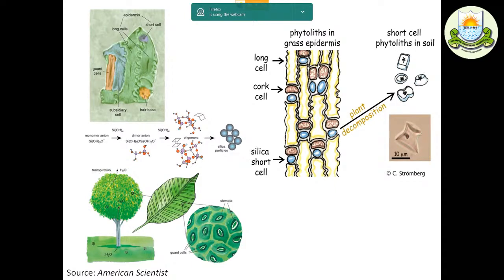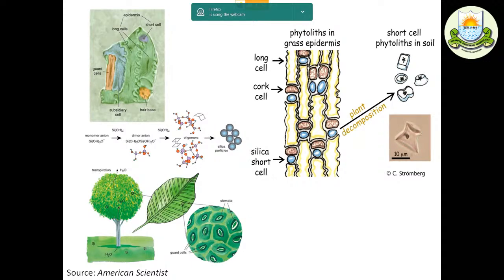Here is a schematic representation of the grass epidermis, where long cells and cork cells are present. If silica is precipitated within the elongated cell, then after the death and decay of the plant tissue it will retain the exact shape of the cell. If it is deposited within the cork cells, it will produce smaller cells, similar in shape and appearance to the cork cells.